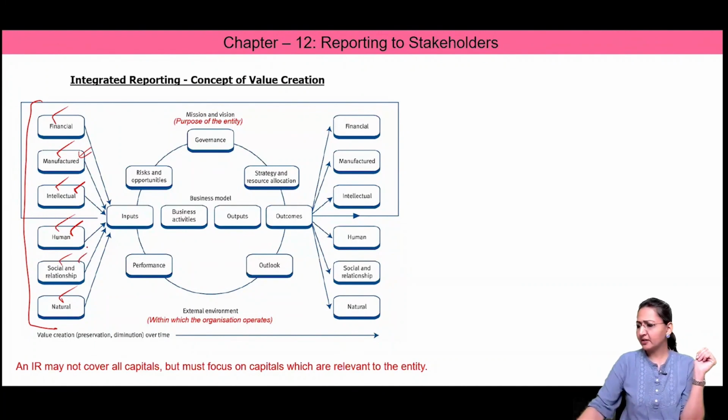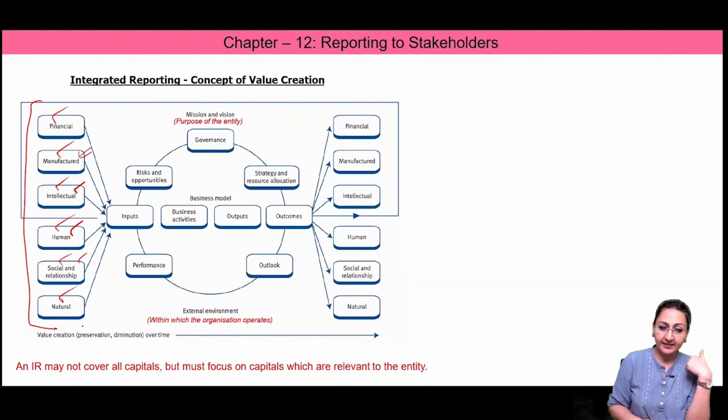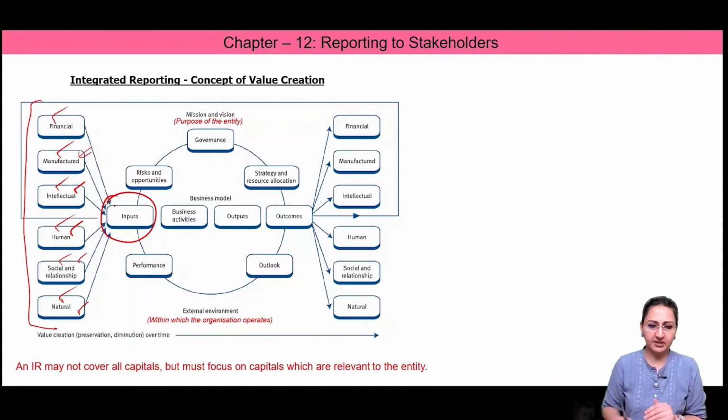Then social capital, the institutions which are a part of the society for the organization. They can be schools, colleges, universities. And then the natural capital is the nature within which the business operates. Now, these 6 capitals, they are just used as inputs for the business.